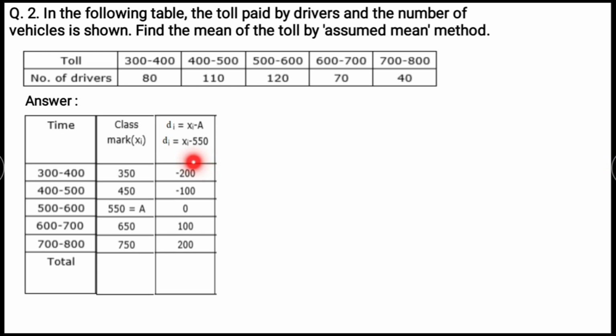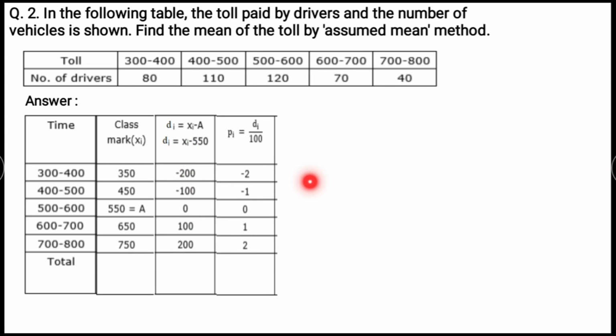So we write pi equals di upon 100. That is minus 200 upon 100 we get minus 2, minus 100 upon 100 we get minus 1, 0 upon 100 we get 0, 100 upon 100 we get 1, 200 upon 100 we get 2.